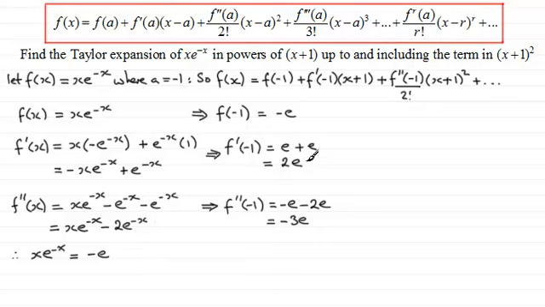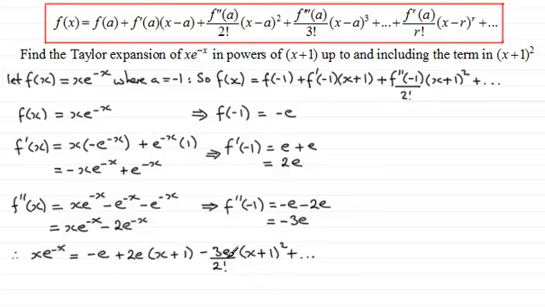So that's going to be plus 2e multiplied by x plus 1. And for the last term, we've got f double dash of minus 1 over 2 factorial times x plus 1 all squared. So f double dash of minus 1 is minus 3e. That's divided by 2 factorial, multiplied by x plus 1 all squared, and so on.